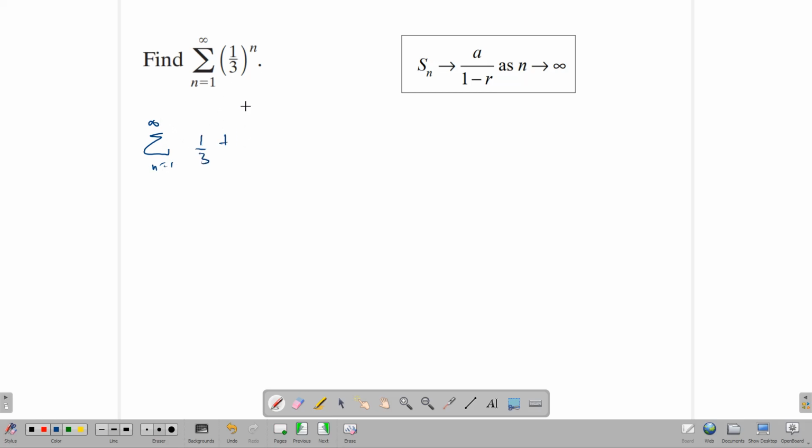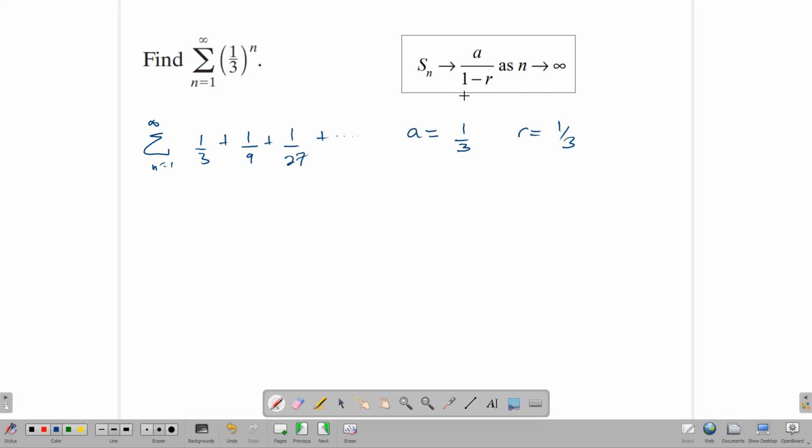The next term is going to be (1/3) squared, which is 1 over 9. The next term is going to be (1/3) cubed, which is 1 over 27, plus, and it goes on. As we can see here, the a is 1/3, and r is also equal to 1/3.